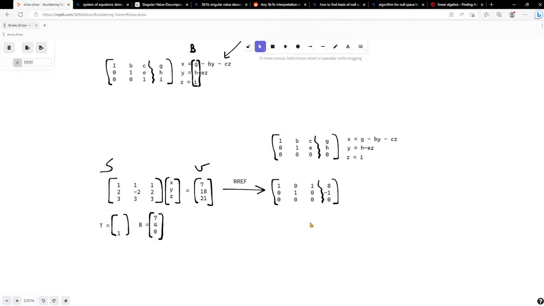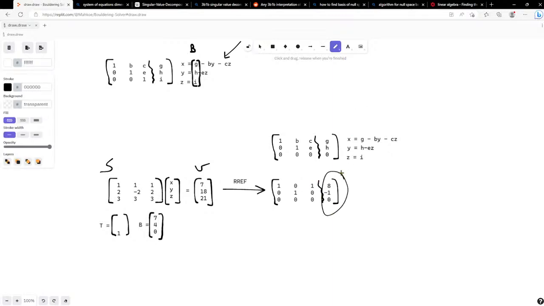So we're looking for vectors that when you... now wait a minute. This right hand side doesn't matter if we're trying to find the null space, right?